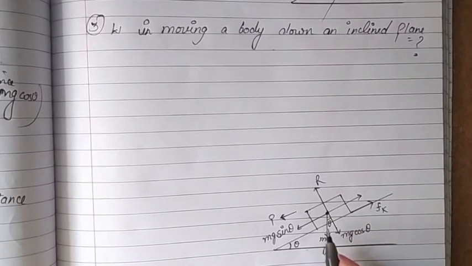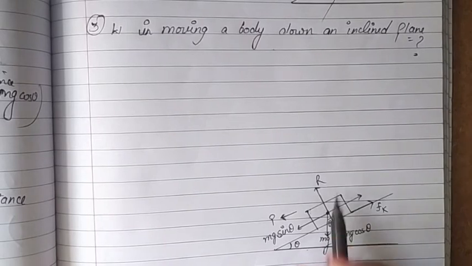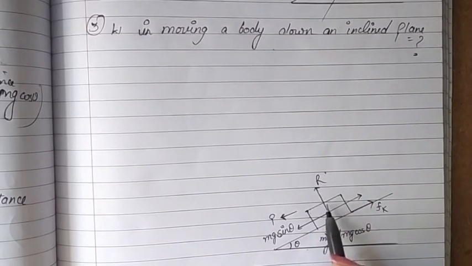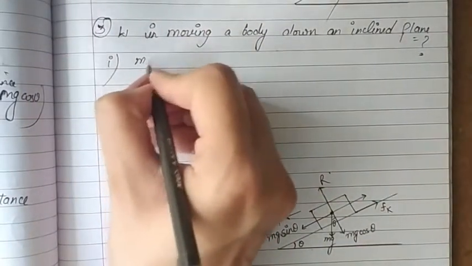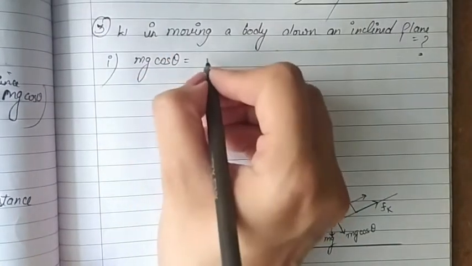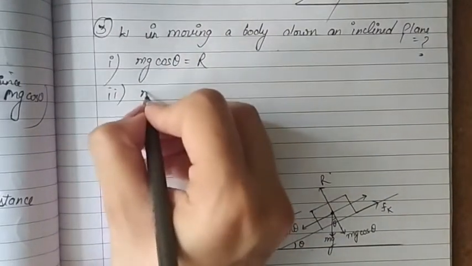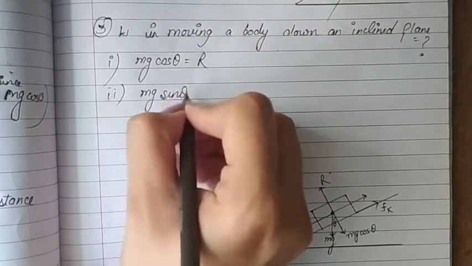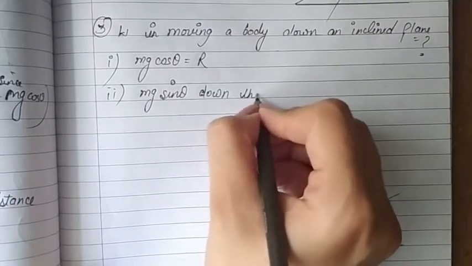So the first component mg cos theta is perpendicular to the inclined plane and is balanced by the normal reaction R. The second component mg sin theta is down the inclined plane.